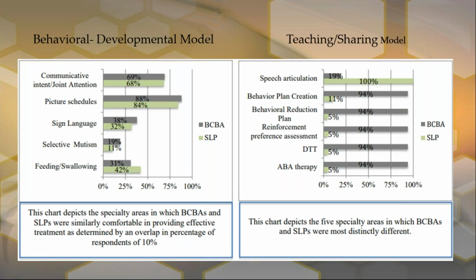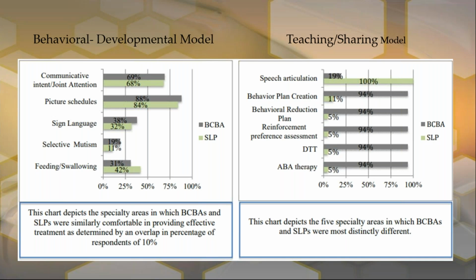So the areas on the left-hand side were areas where both BCBAs and SLPs self-reported their comfort and competency, and there had to be an overlap of at least or less than 10% in order for them to be considered overlapping.